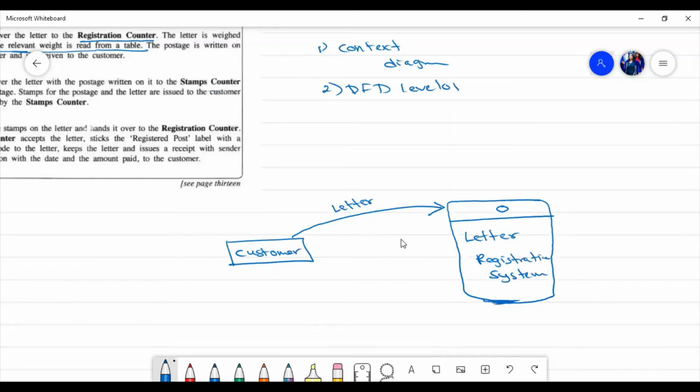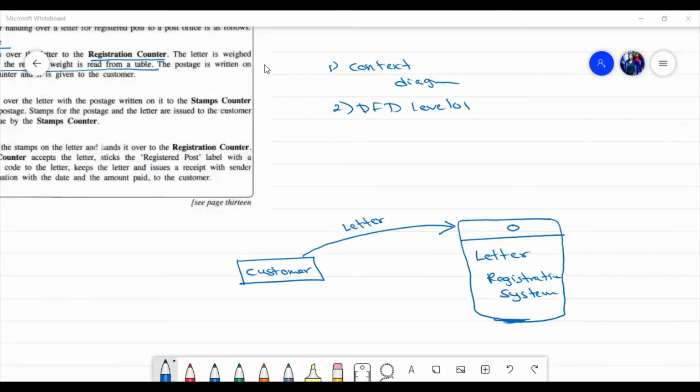So if you draw a data flow like this, you have to denote the name of the data flow as well. This is flowing the letter. And yeah, we are getting a question. We can put "gives letter," no issue, that's of course okay. Or just "letter."